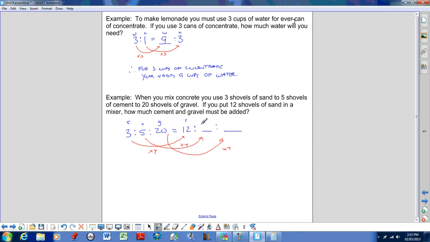So 5 times 4, using your multiplication charts, I'm going to need 20 shovels of the cement powder, and I'm going to need 20 times 4, I'm going to need 80 shovelfuls of gravel. This is when it's good to invite a friend over to help out. So there we go.